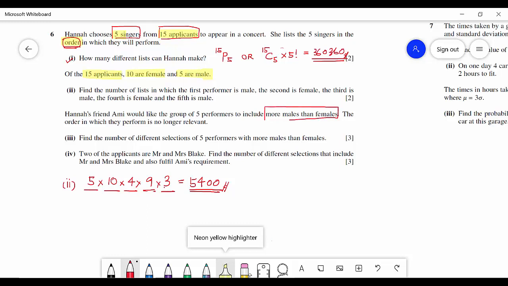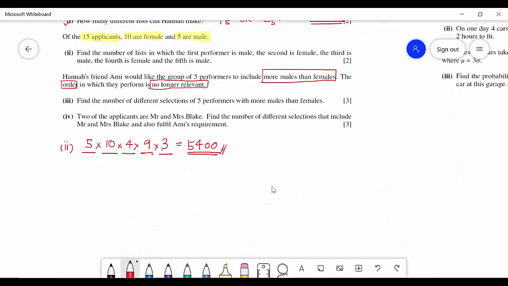They want to have more males than females. The order is no longer relevant. So the method that we are using now will focus more on combination instead of permutation. All right, so they want to have more males than females.